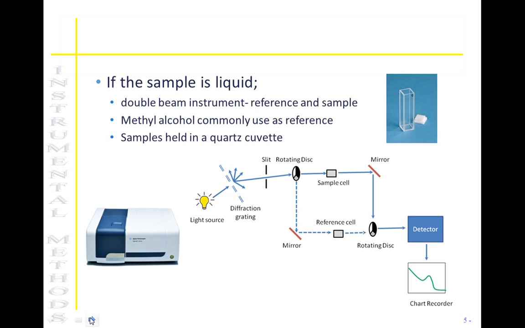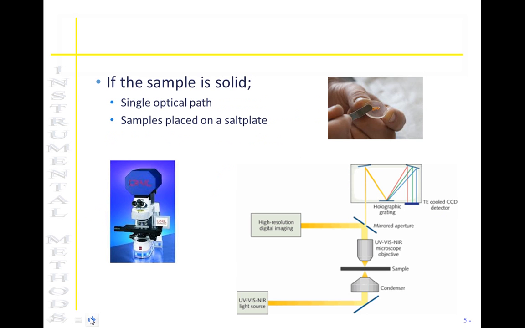And methyl alcohol is used as a reference to more or less take a background from the instrument itself. If the sample is a solid sample, a single optical path is used, and the samples may either be placed on a salt plate, and then a background is taken and subtracted from the sample itself.